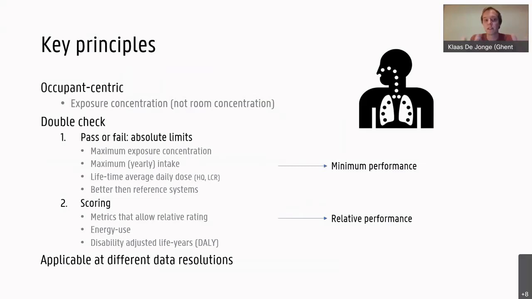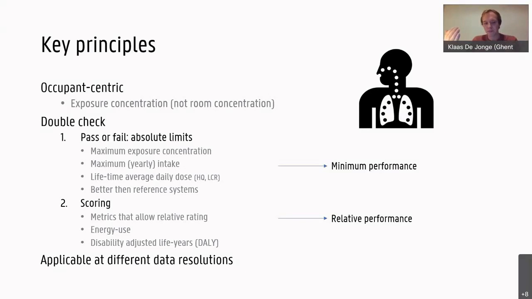This is just if you want to give smart ventilation a fair chance and you're looking at health, it doesn't really matter that the concentration in your building is high if you're not there to breathe that unhealthy air. So basically, you need to look into what the occupant is doing, where they are, and then you can start optimizing your airflows. The second key principle is a double check, I called it.